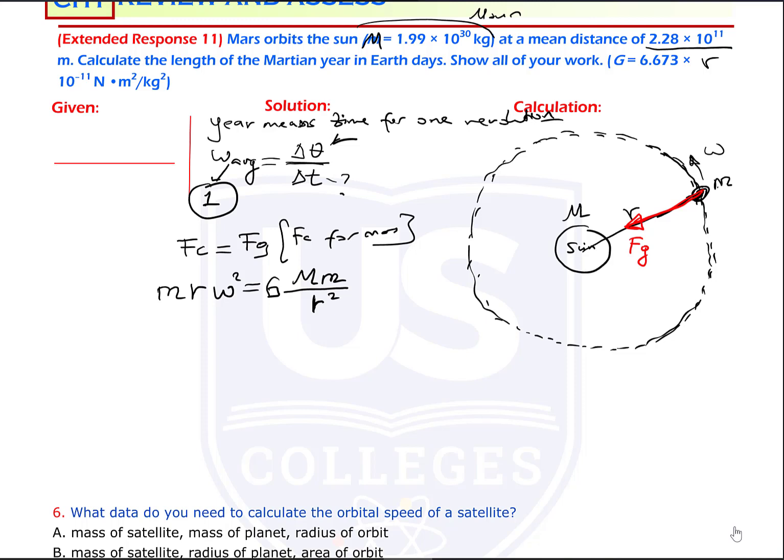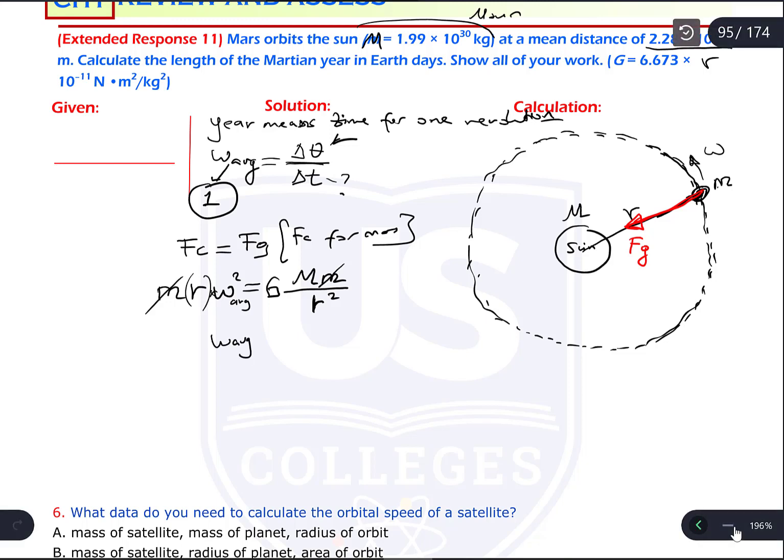Because both sides have the mass of Mars, they will simplify. So I will calculate omega average. This is omega average. So I have to get this R to the right side. On the left it is multiplication, so on the right this R must be taken as a division. That's why omega average squared is going to be capital G.